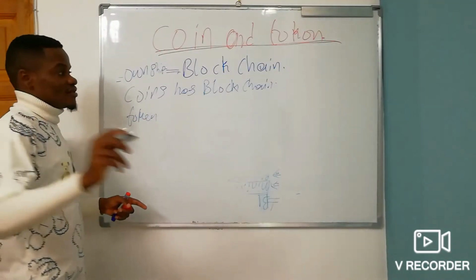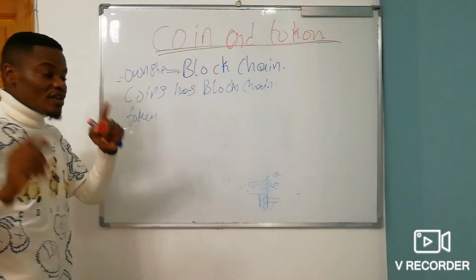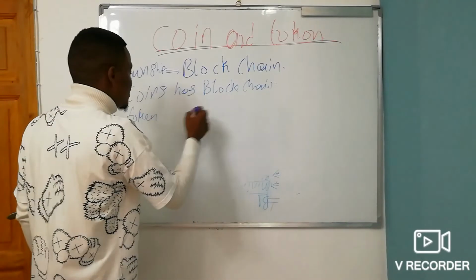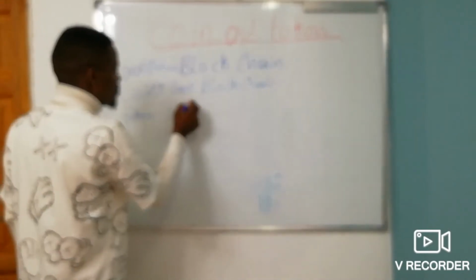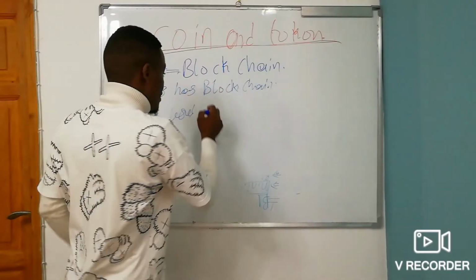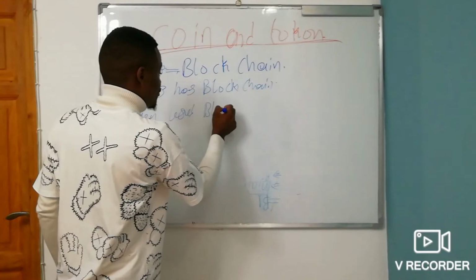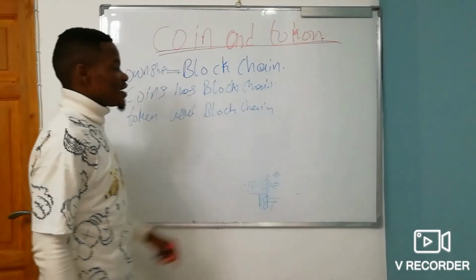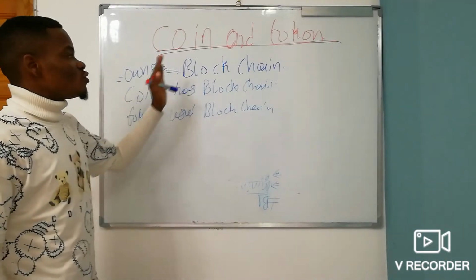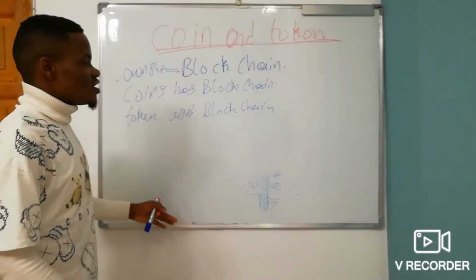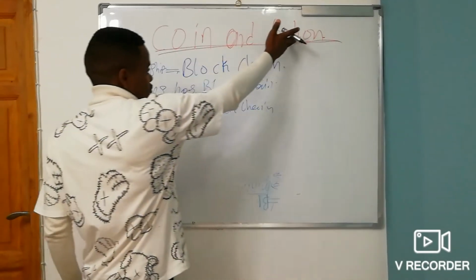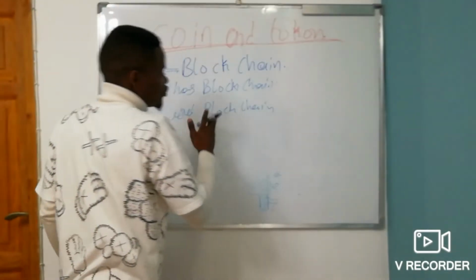Tokens rent a blockchain, or maybe they use other people's blockchains. For you to be able to do transactions or send your money from one person to another using tokens, you need to use a blockchain.